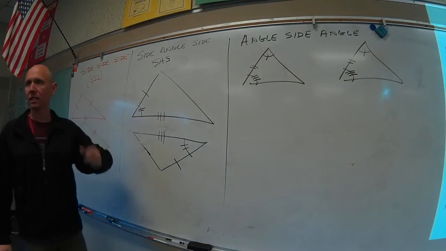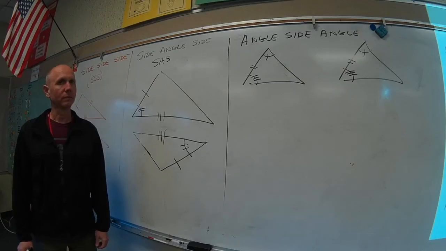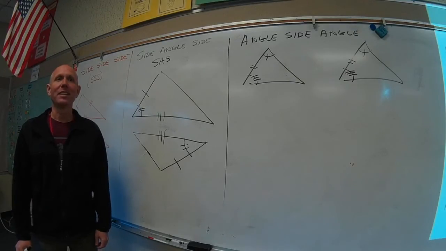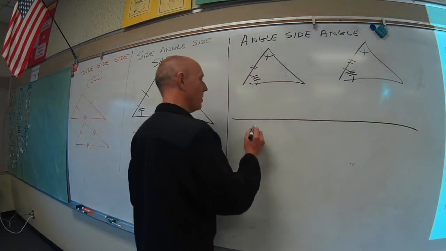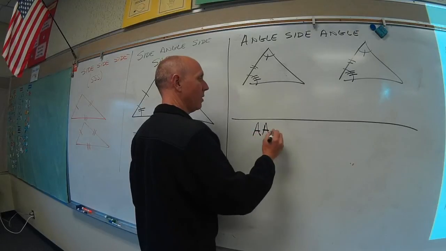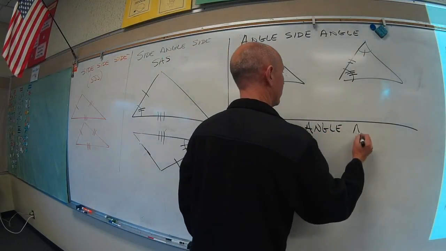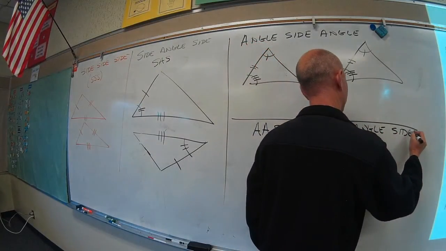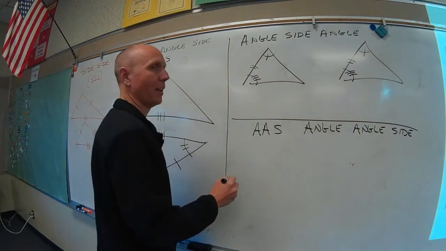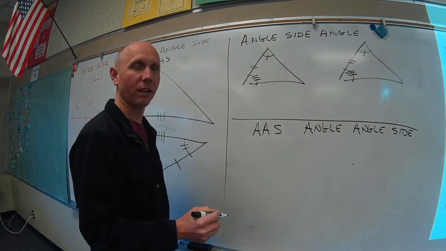Wait, so there's a side, angle, but there's not an angle, side. There's no angle, side. What would that spell?